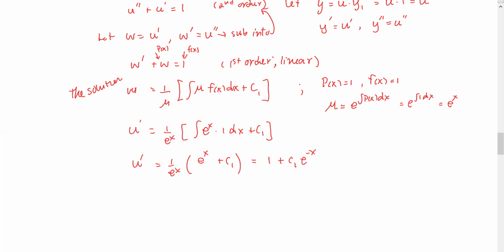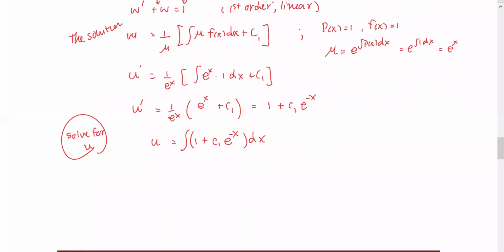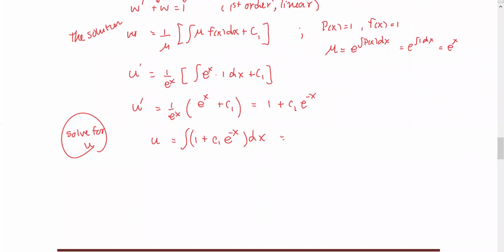Now we're going to solve for u. u equals the antiderivative of 1 plus c1 e to the negative x with respect to x, which is x plus negative c1 e to the negative x, and then plus c2.